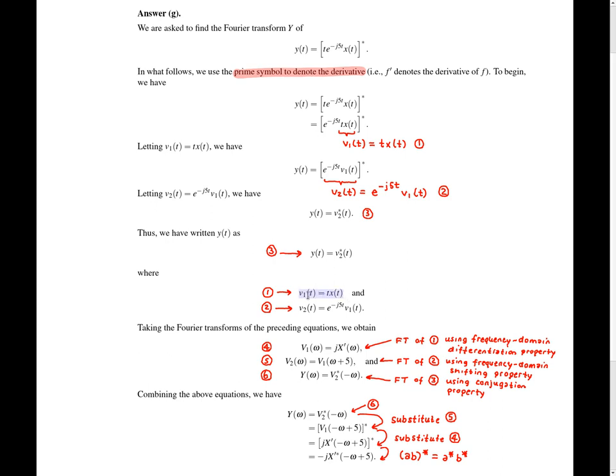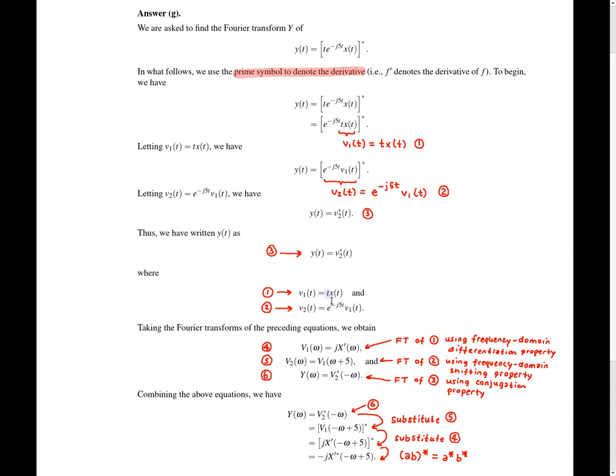Taking the Fourier transform of the left-hand side is fairly straightforward. We have the Fourier transform of little v1, which by definition is big V1, so that gives us this left-hand side here. Then on the right-hand side we have a multiplication by the independent variable t. This would correspond to the frequency domain differentiation property.